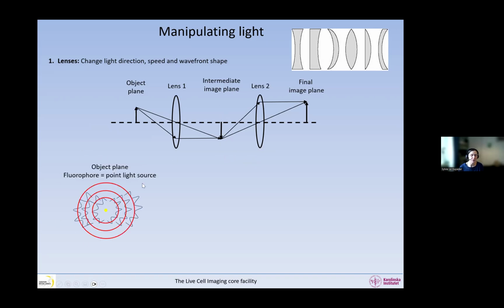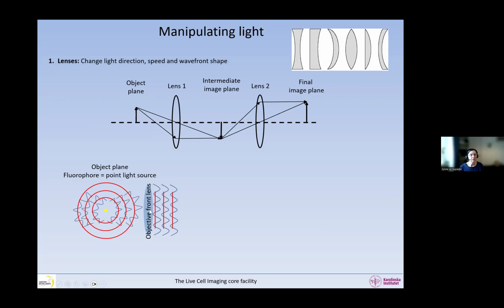So in our microscope, we have a point light source. This is our fluorophores. They are like a little lamp inside the sample, and they are going to shine light when they're excited. They're going to shine light in all directions of space. But we have the objective here, and some of that light is going to enter the objective, and the rest is going to be lost.